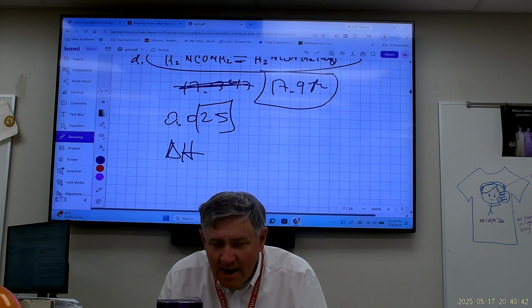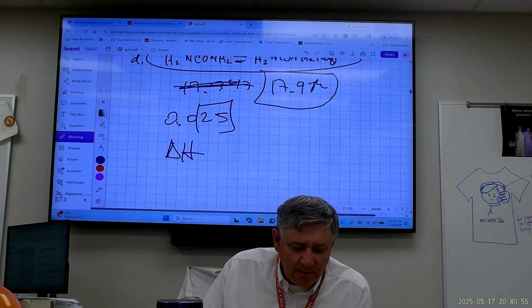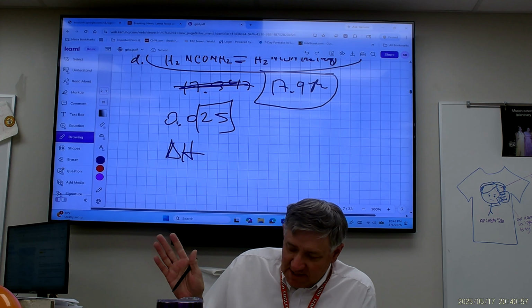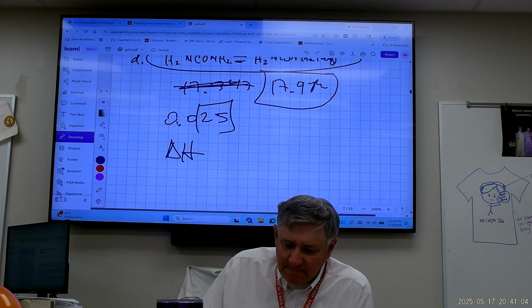What do you need to measure out? Initial temperature, mass of the water, mass of the urea, final temperature. Or you can just do change in temperature. I would say temperature initial, temperature final, but that's just me. And those are the things that you need.